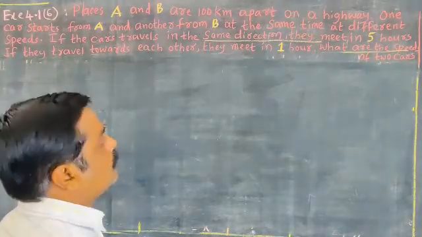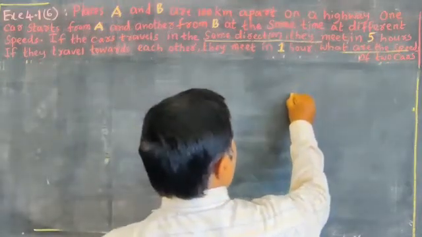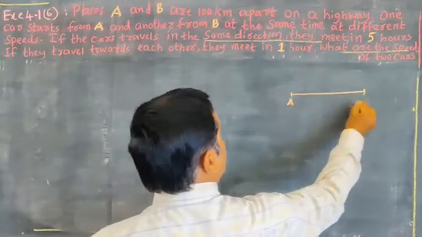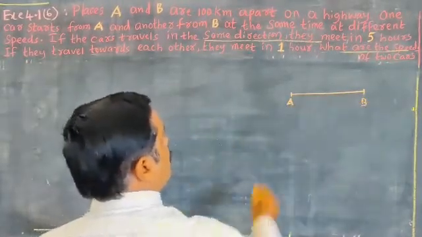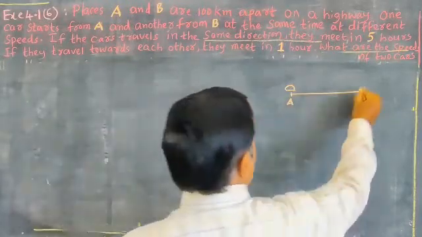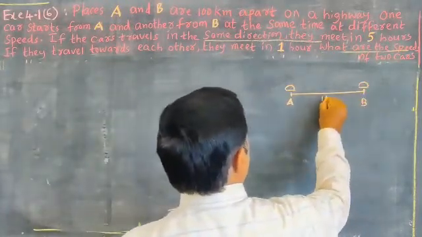First of all, the two cars are 100 kilometers apart. The first car is at place A and the second car at place B, with 100 kilometers of distance between them.